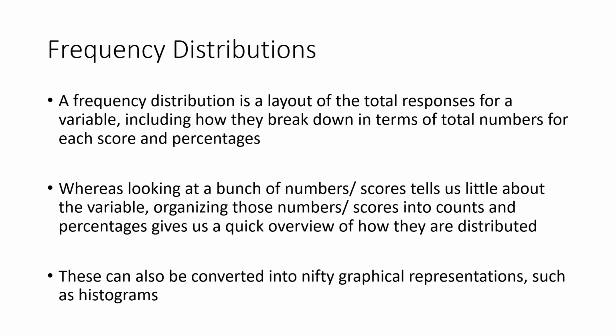So what we want to do in creating frequency distributions is to organize those numbers and scores into counts and percentages that give us a quick overview of how they are distributed. And a frequency distribution can also be converted into a pretty cool graphical representation that we will call histograms. And you'll learn a bit more about a histogram later in this lecture.